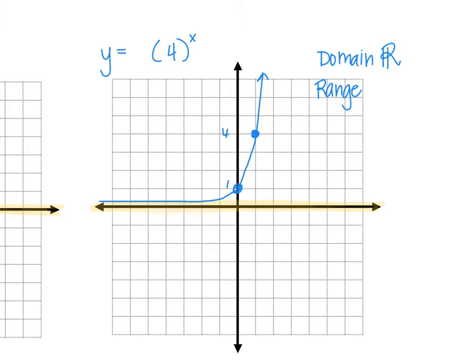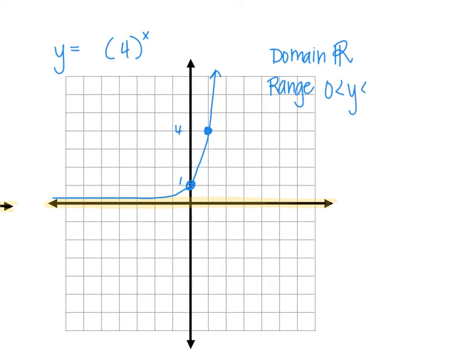What's the lowest it would ever be? Or close to 0. Will it ever touch 0? No. So then my range doesn't have the bar underneath it. And then y, and then the maximum is heading towards infinity, and so the range is infinity.